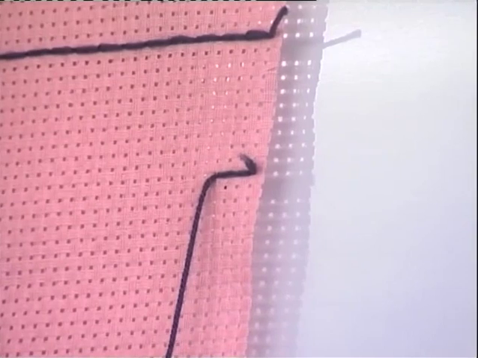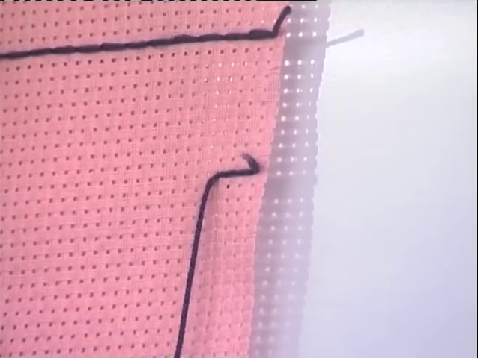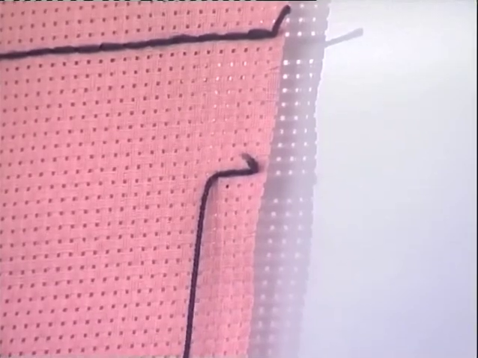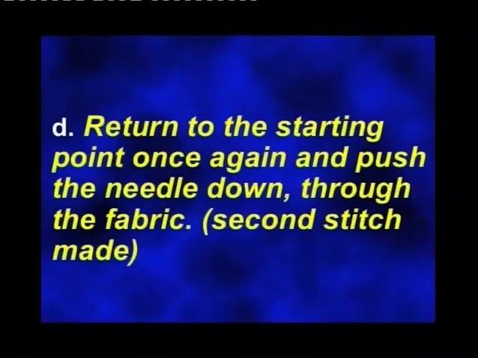The first stitch. Okay, we go to the next step, and once again I'd like you all to read. Return to the starting point once again and push the needle down through the fabric.